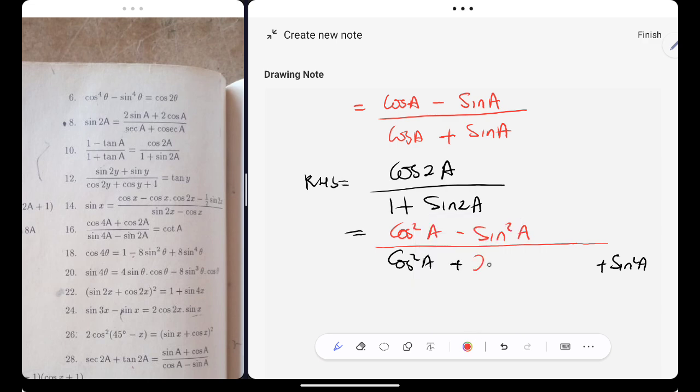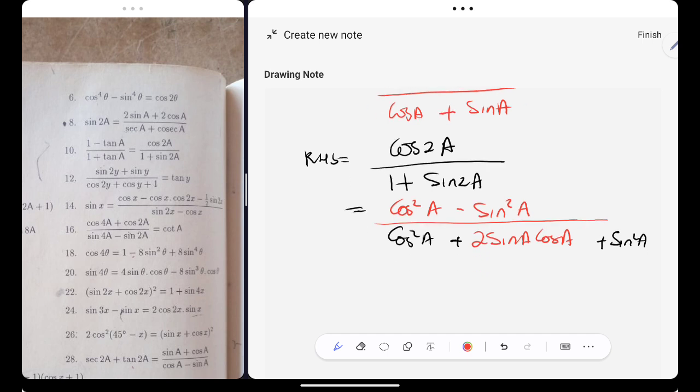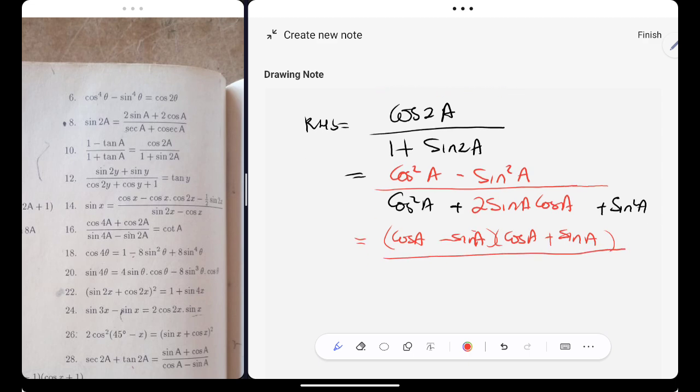And then sine 2A can be written as 2 sine A cos A together. You can factorize there at the top. We have the difference of two squares. So we'll simply write (cos A minus sine A)(cos A plus sine A). This thing is all over, whenever I factorize the denominator, I'll have (cos A plus sine A)(cos A plus sine A).